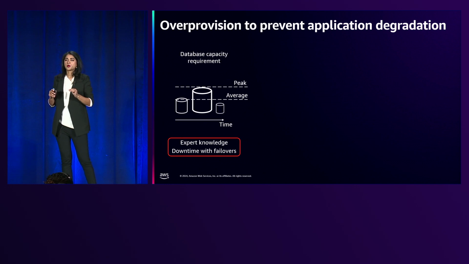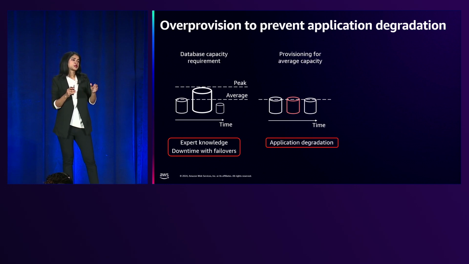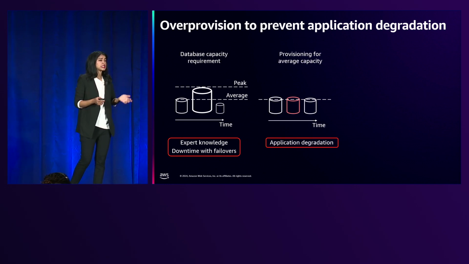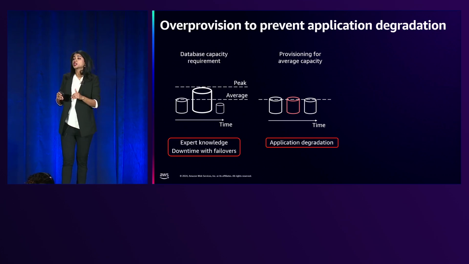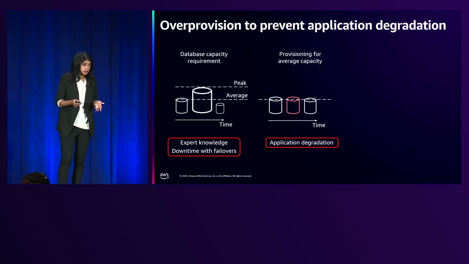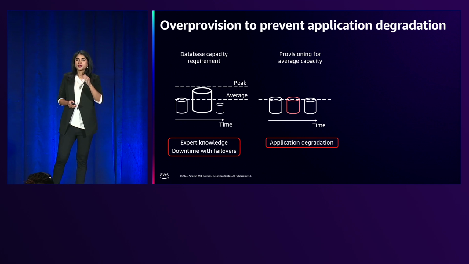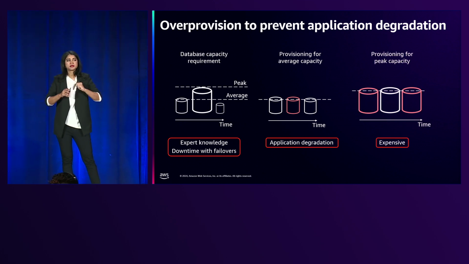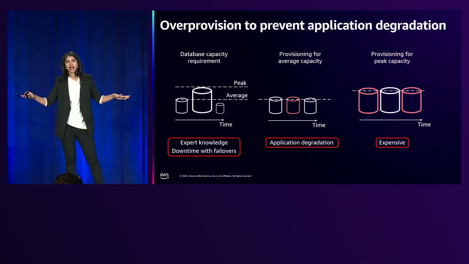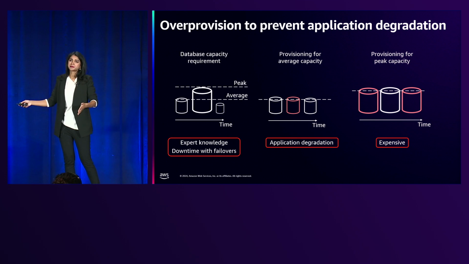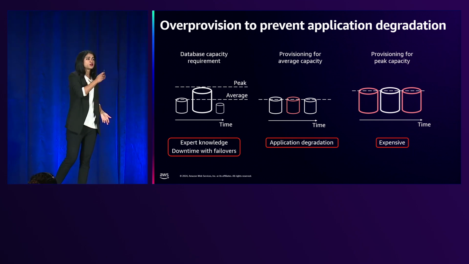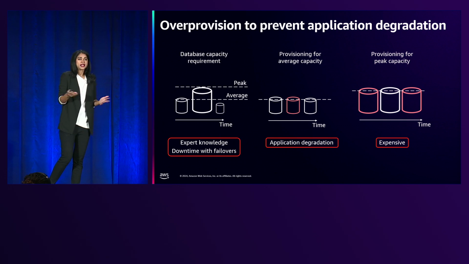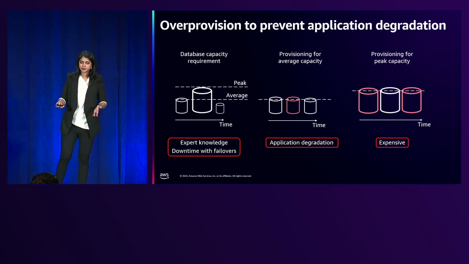And if at any point your database resources were less than what was required, here in the diagram I'm showing an average workload, your application will experience degradation. The other side of it, if you go like, okay, that's not acceptable, let me just provision for peak the whole time, that's also not acceptable because then this is a very expensive solution for you. So if you look at each of these issues, none of them give you an ideal solution.